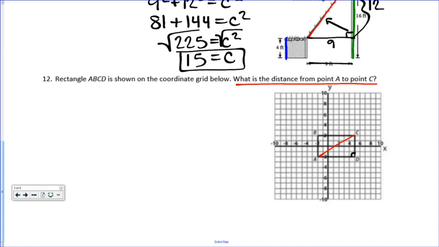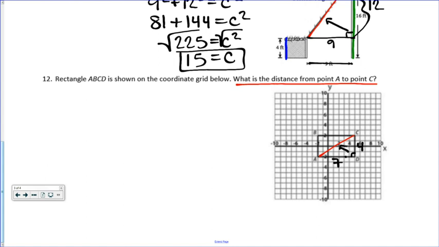If you made an angle right here, since it's on a coordinate plane, we can figure out what these distances are from A to D. If you count your lines on your coordinate plane, 1, 2, 3, 4, 5, 6, 7. Down here is 7, and if you're counting from D to C, 1, 2, 3, 4.